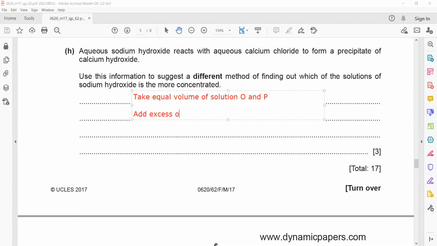Then measure the mass or thickness or height of the precipitate.